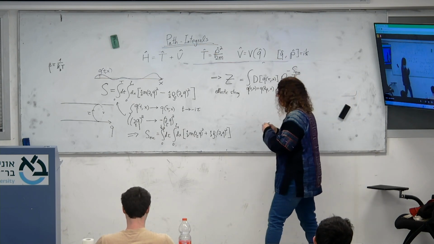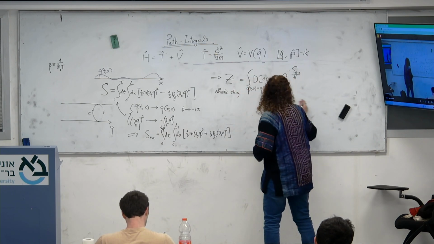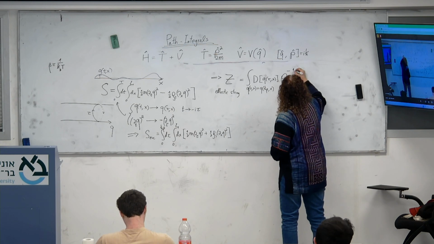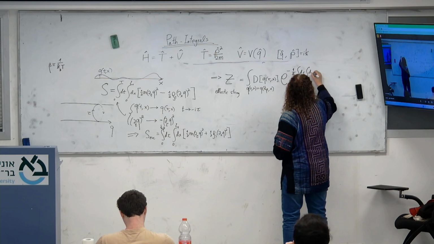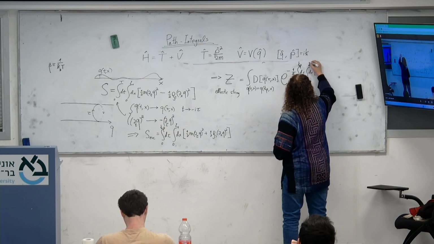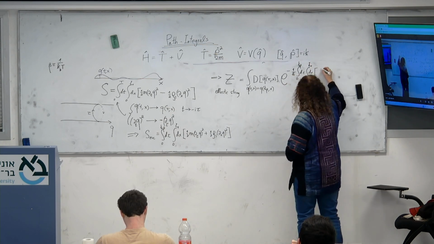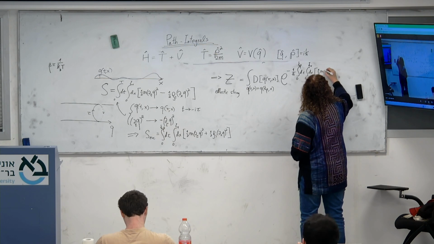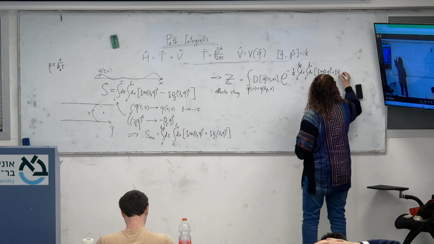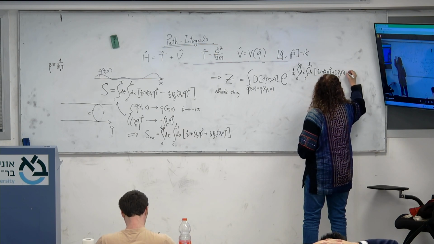Let me actually rewrite it explicitly. So it's 1 over h bar integral d tau integral dx of the mass term plus stiffness times the space derivative of q squared.